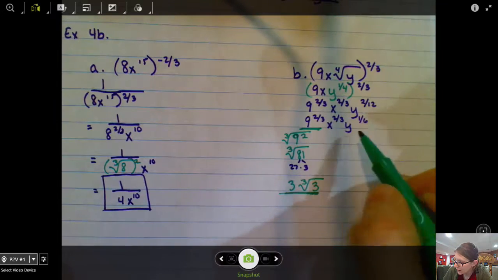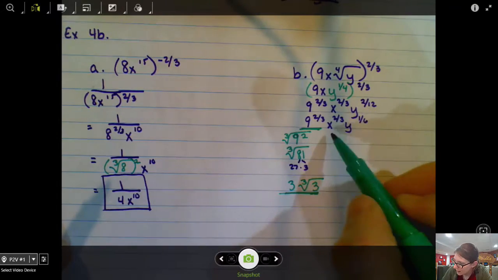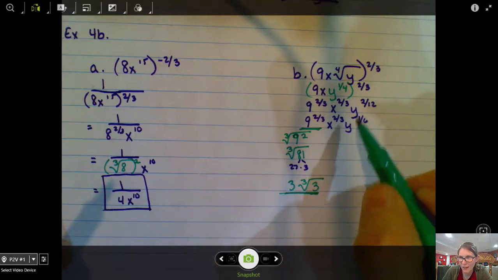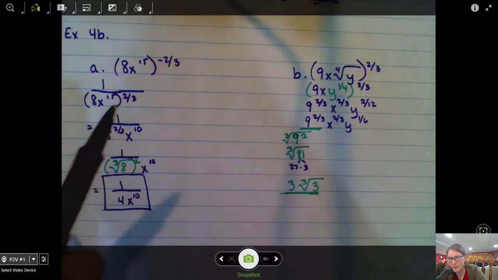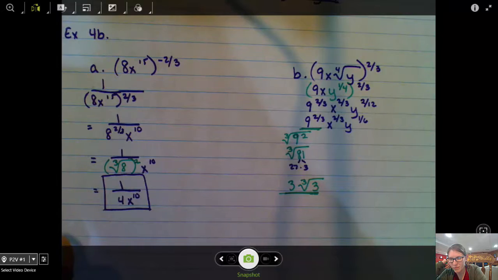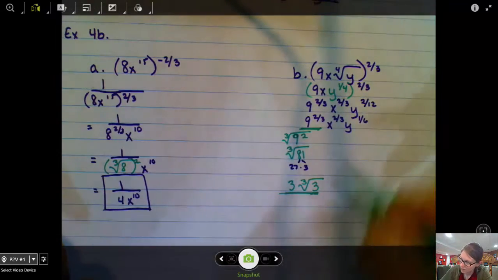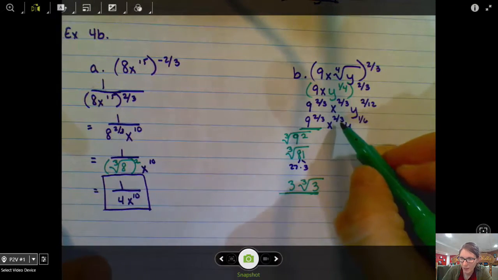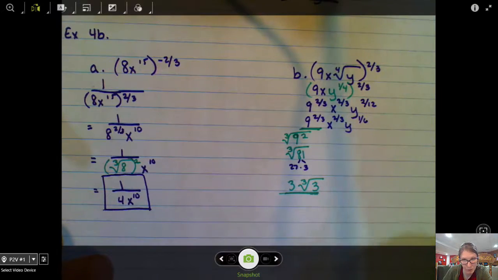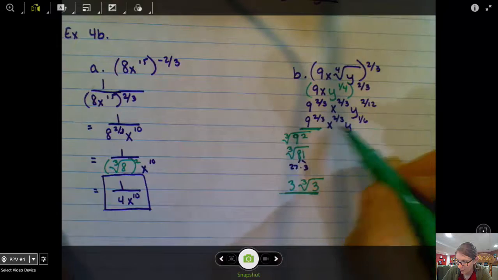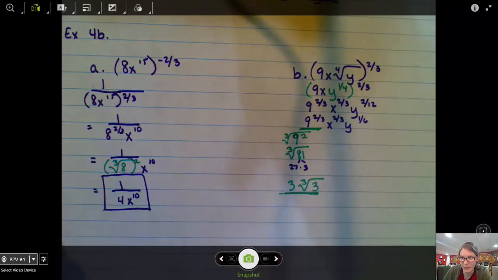Now over here, though, I still have x to the 2/3 and y to the 1/6. Well, shoot. I want these to have the same root. So how am I going to make that happen? Well, I can't really make this 1/6 to be anything to the something over 3 power.